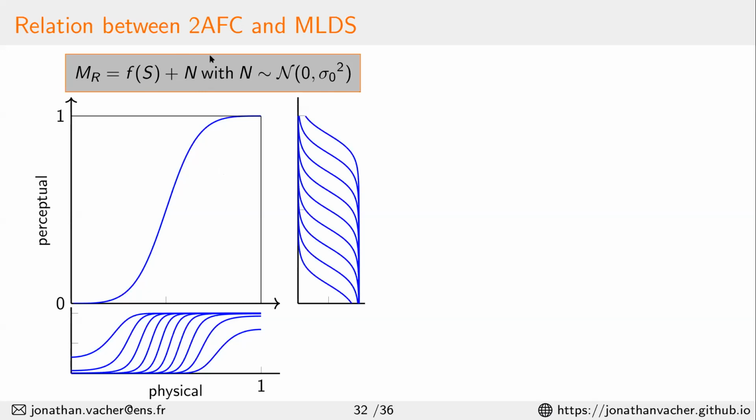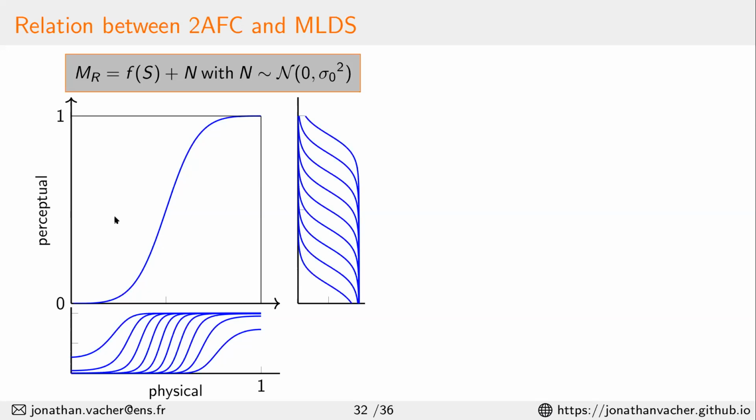And in fact, this equation is able to recover the model that we use to calculate this MLDS function. And here, this is what you would measure in the 2AFC experiment. You measure the psychometric curve, and in the psychometric curve, there is bias, but there is also the slope that is changing.